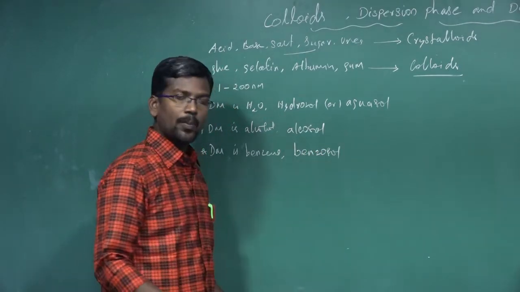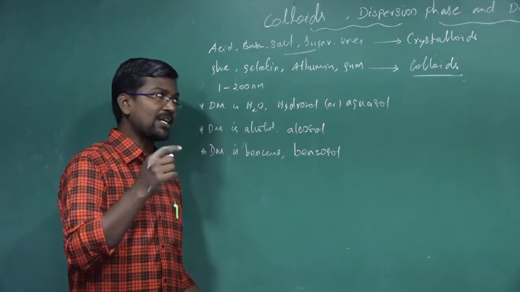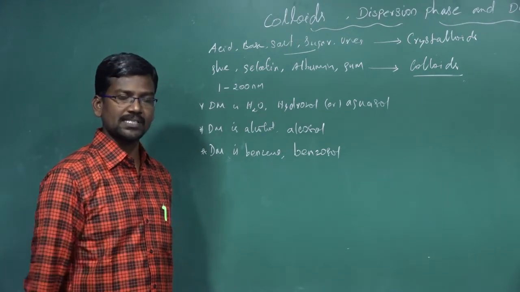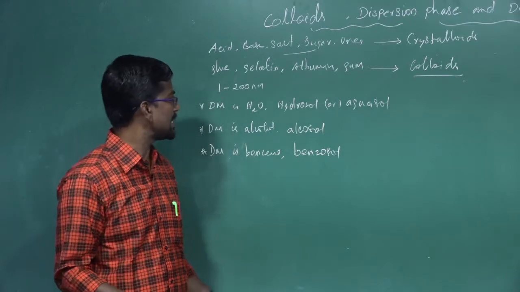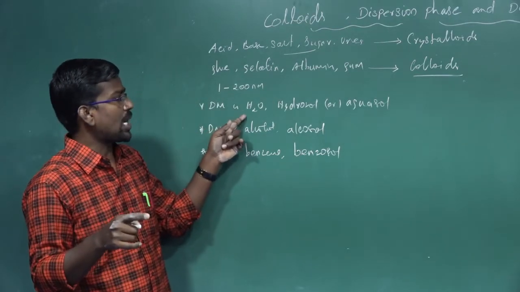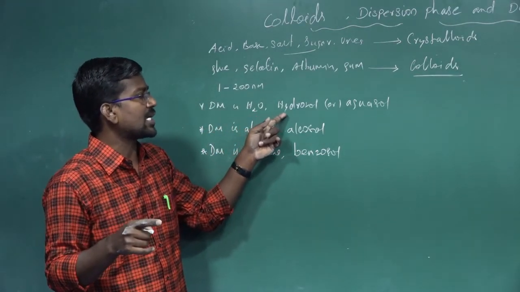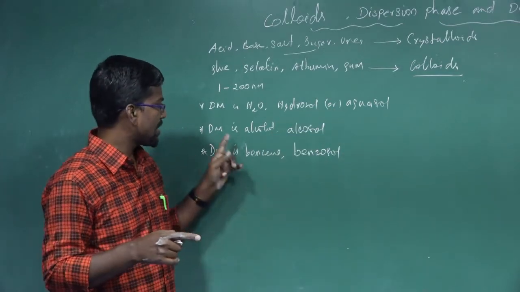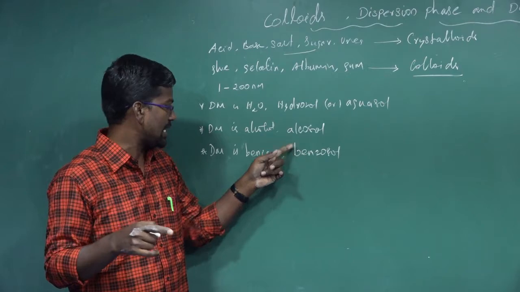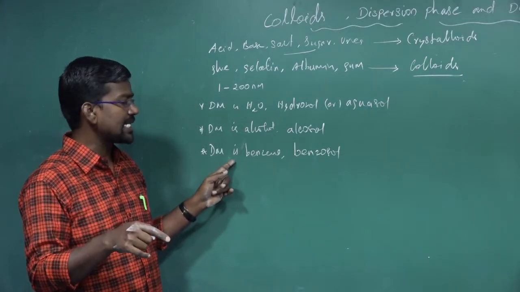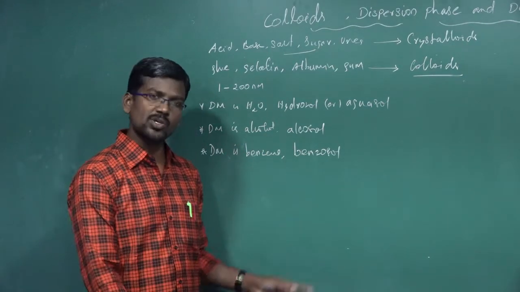So it depends upon the dispersed medium: colloidal solutions are classified into different types. If the dispersion medium is water, it is hydrosol or aquasol. If alcohol, alcosol. If benzene, benzosol.